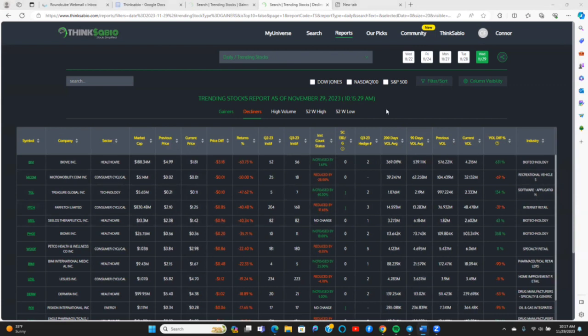Also, a couple of filter notes. If you want, you can filter between stocks that are just on the Dow Jones, just on the NASDAQ, just on the S&P 500. You can customize it for how you're looking at it.